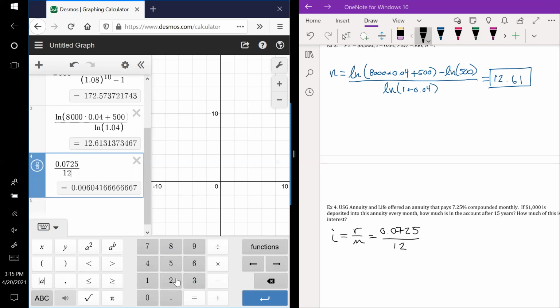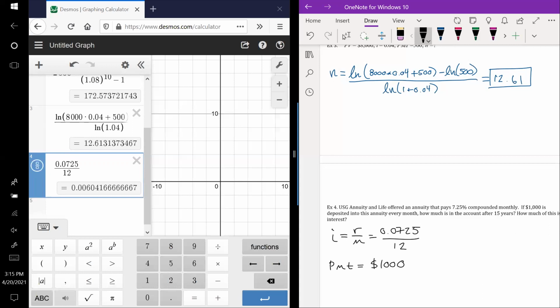Okay. And then it says that we are putting payments or deposits of $1,000 every month. So they're giving us the payment. Payment is $1,000. And then they're giving us time. How much is in the account after 15 years? Okay.